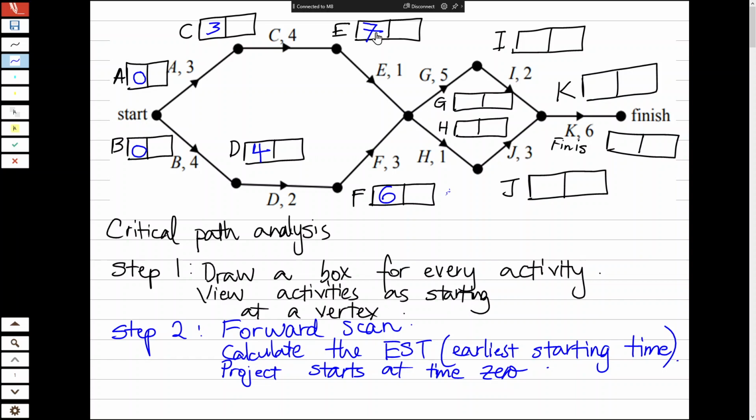G and H are coming out here. They require both activity E and activity F to be completed before they can start. So to help you out, 7 plus 1 is 8. 6 plus 3 is 9. But which one are we going to use?